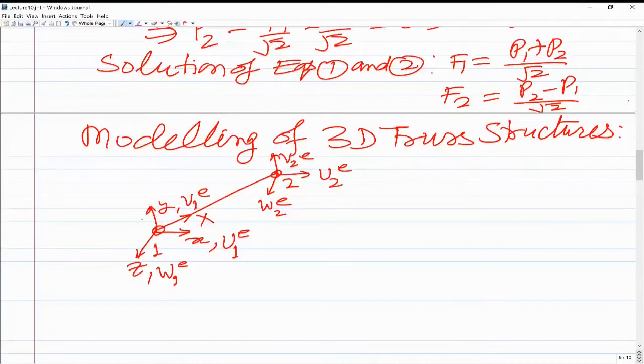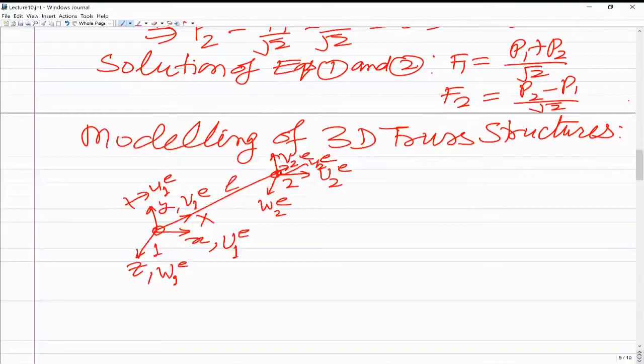And in terms of the local coordinate axis, the displacements are u1e at this node and u2e at this node. And let's say the length of the element is small l.